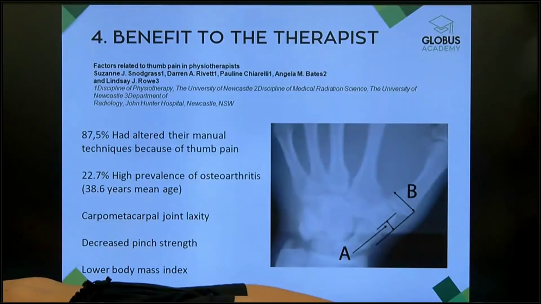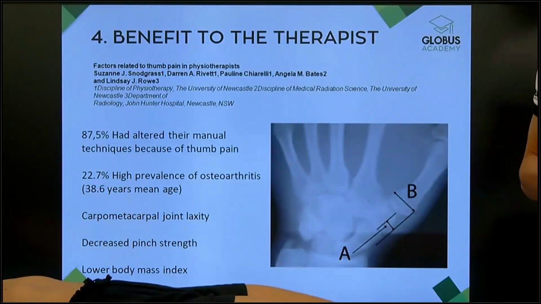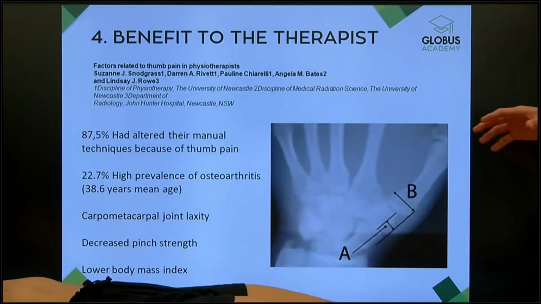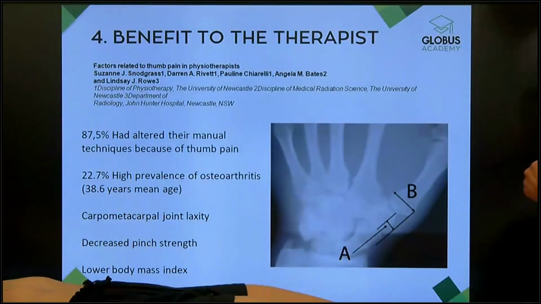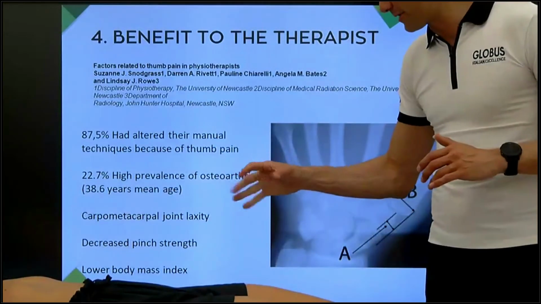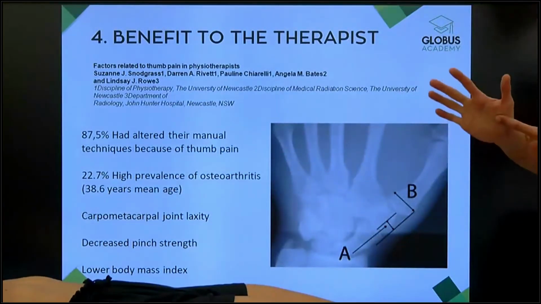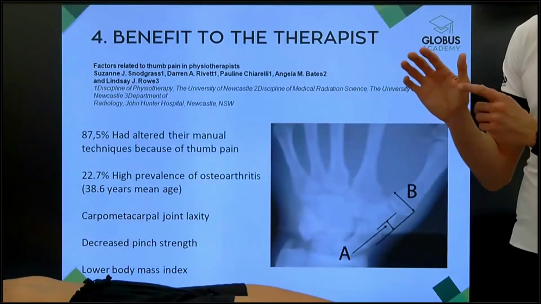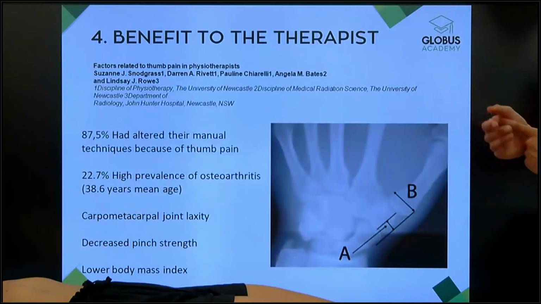We are talking about lumbago, we are talking about pain of the thumb, and there are several things that are going to happen, like the carpometacarpal joint laxity and the decrease in pinch strength. We lose the muscles of our thumb, of the thenar part of the hand.